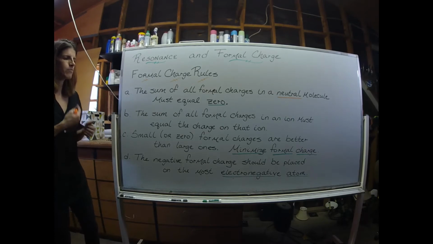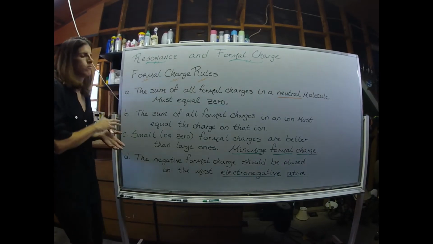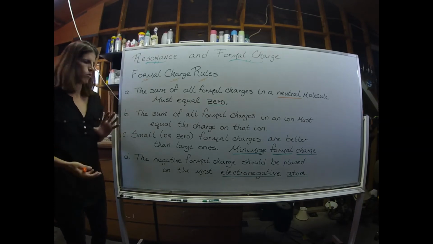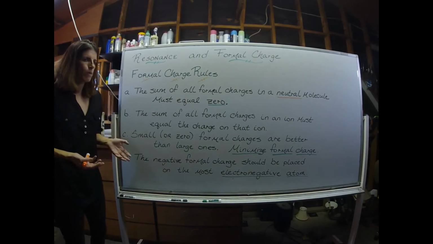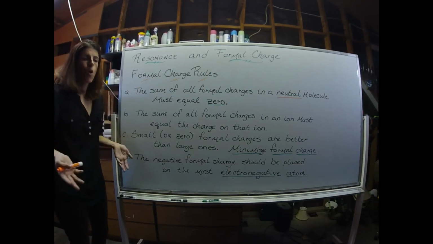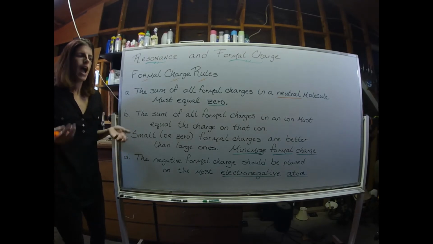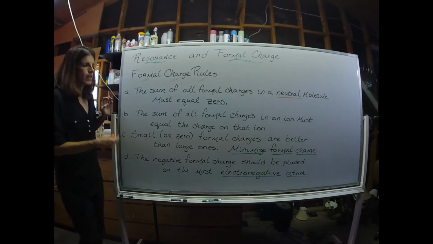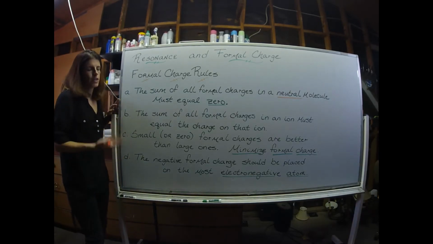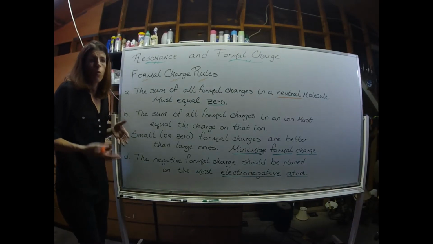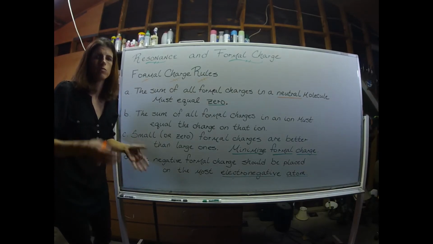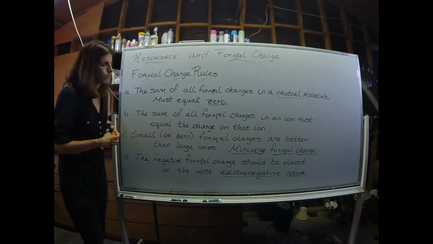The last thing, sometimes we've done all this. They add up to 0 or the charge on the ion. We've minimized the formal charge. And at that point, we have two structures and they almost look the same. How do we decide which structure is better? So when there is a formal charge, for instance, in some of our ions, we're going to have a -1. We're going to have a +1 formal charge on at least one of our atoms because we have an overall charge.